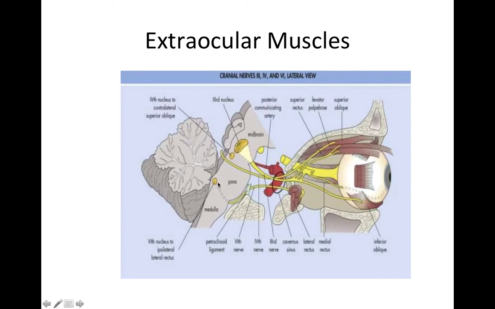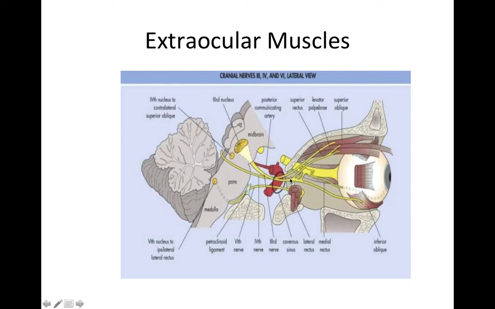Cranial nerve 6, the abducens nerve, is going to come from the pontine medullary junction, and it's going to innervate the lateral rectus. And then, of course, we have cranial nerve 3 that comes, and it splits into a superior branch and an inferior branch. The inferior branch is going to go to the inferior oblique, as well as the ciliary bodies, which we just discussed are involved with the parasympathetic aspect of contracting the lens, and we'll talk about that more shortly.